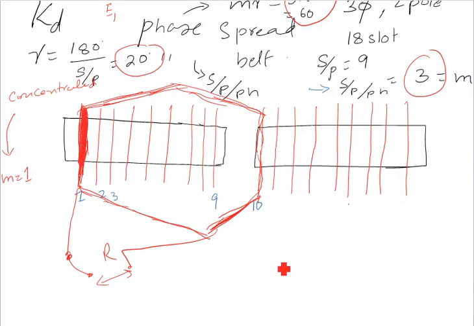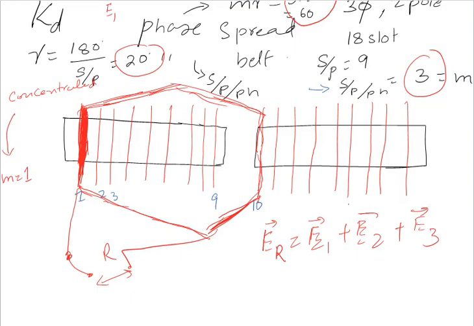So the resultant EMF will be the sum of E1, E2, and E3, all on the same conductor.